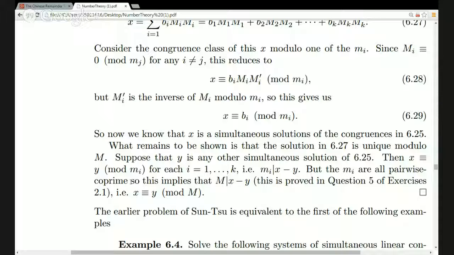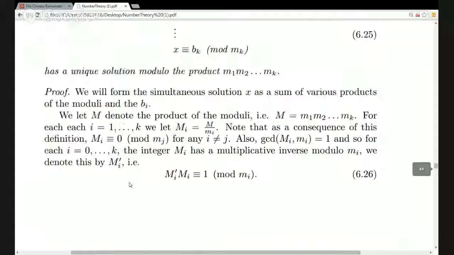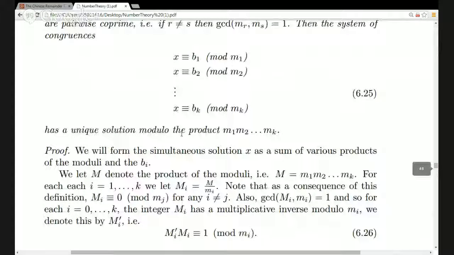That's just another way of saying that x is congruent to y modulo capital M. So there are plenty of other integers out there which solve the problem apart from this integer x, but they are all congruent to this one modulo the capital M. And that's what the statement of the theorem said, that there was a unique congruence class as solution modulo the product M1, M2 up to Mk.